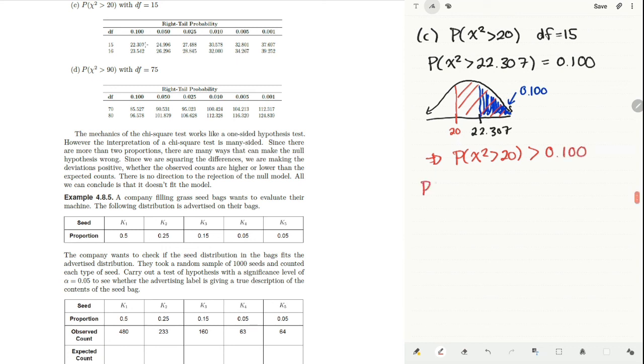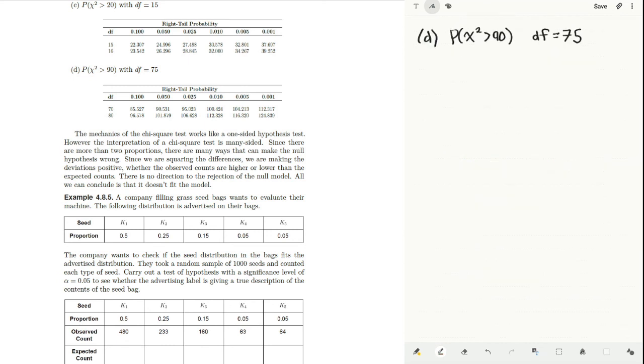Mathematically, we can write this as an interval: the area to the right of 20 is some value between 0.1 and 1. And again, this is the best that we can do when we use this table.